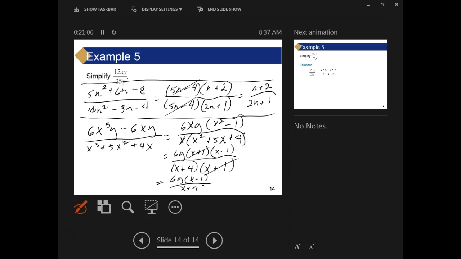Now, they make a mention here that in this last example, you could have gone back and multiplied this, distributed the 6y across. My question is, why would you?